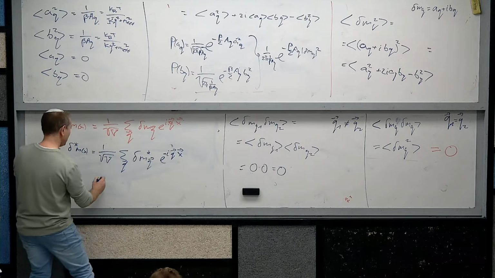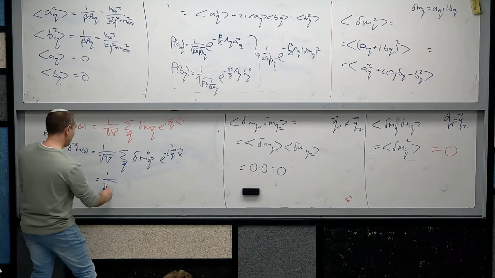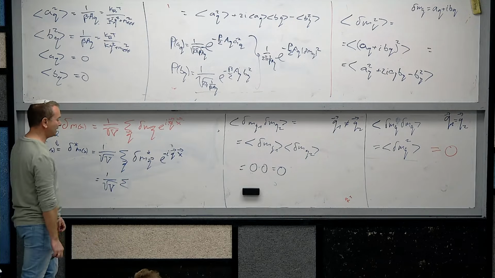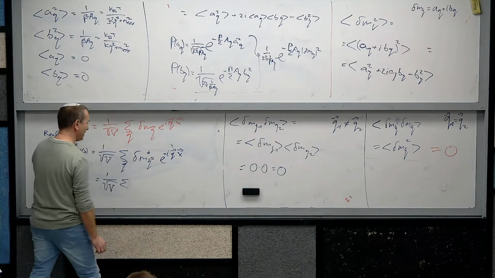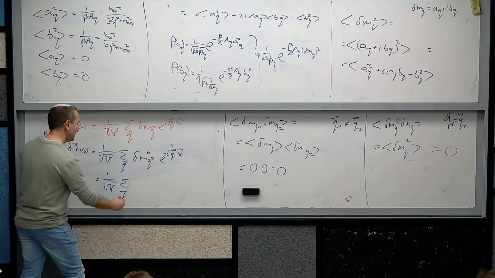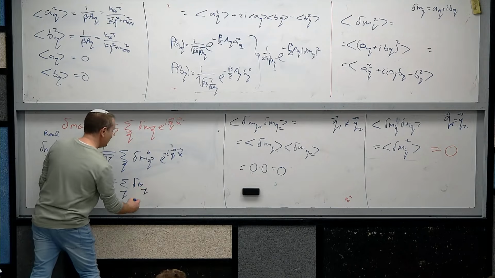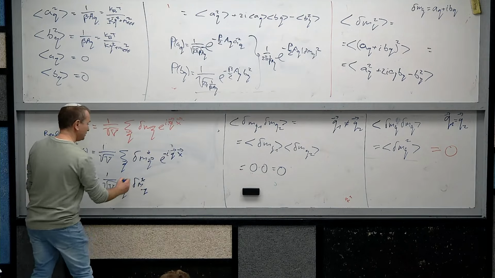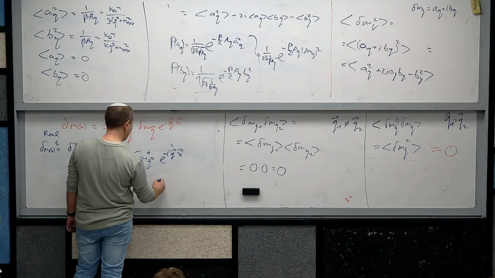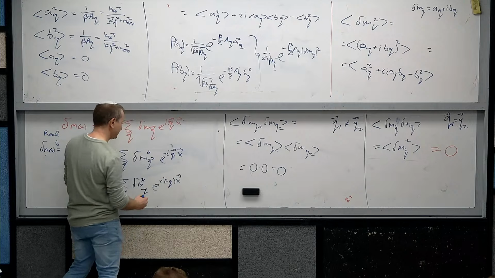look at this. I'm saying this is actually 1 over square root of V, a summation. I can sum over q, or I can sum over minus q. I can sum over minus q, and I have here delta m minus q, we'll still have e to the power of i minus q x.